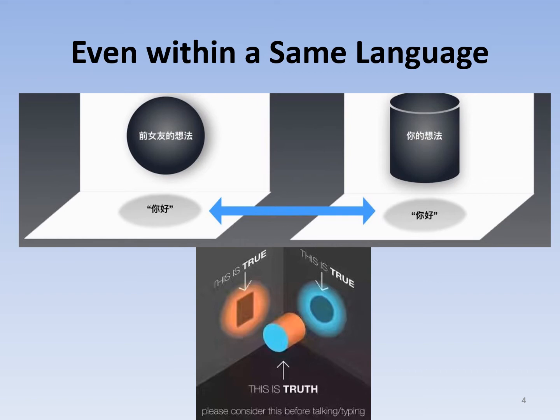We can be thinking of different things, and we end up writing or saying the same thing. And we can be looking at the same thing, and we try to express the same thing, and we end up saying different things. So even within the same language, we might end up creating problems. So it does not necessarily have to do with translation.